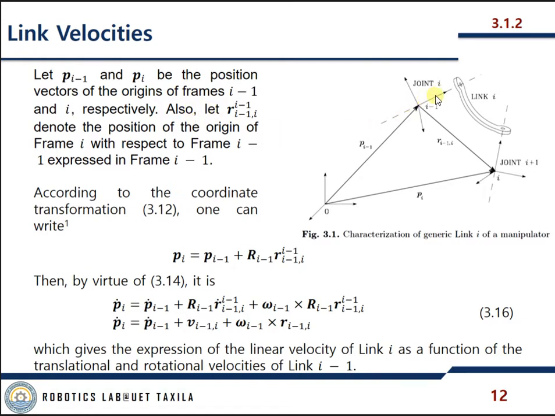So we are watching these frames i-1 and i from some other frame O, and also let r^{i-1}_{i-1,i}, this vector from here to here, denote the position of the origin of frame i with respect to frame i-1, expressed in frame i-1. So this vector i-1,i is representing the origin of this frame with respect to frame i-1, and it is being expressed in this frame.